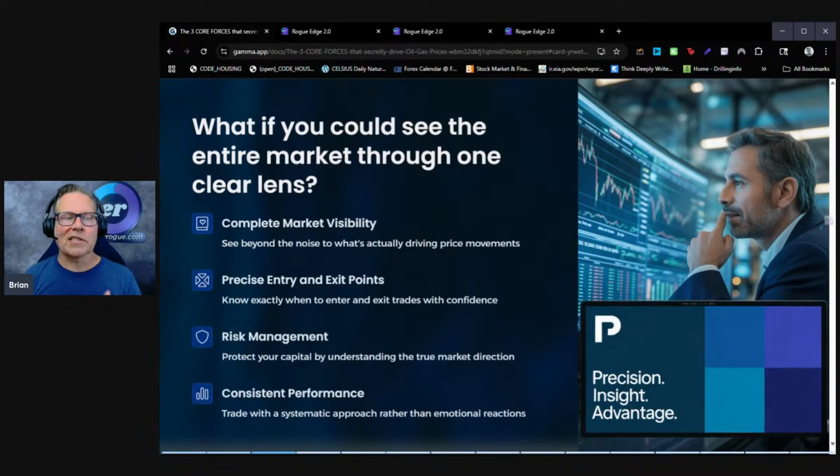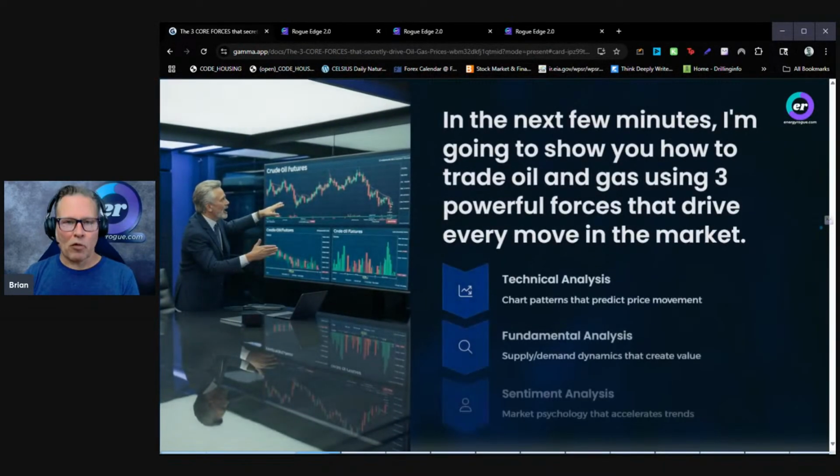So, what if you could see the entire market through one clear lens and have complete market visibility, see beyond the noise and what's actually driving the price movements, and then have precise entry and exit points and know exactly when to enter, when the market is overvalued, when it is undervalued, and then have risk management to protect your capital and have consistent performance.